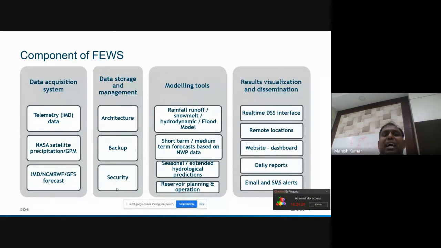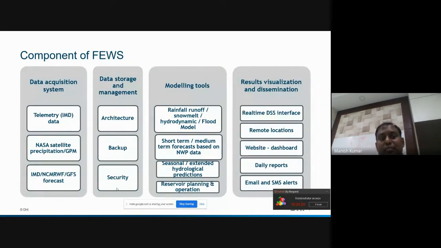So telemetry, IMD has put thousands of stations over India, and they are providing those data in real time, so you can use those data. IMD also provides this data in raster format. You can also use that data.